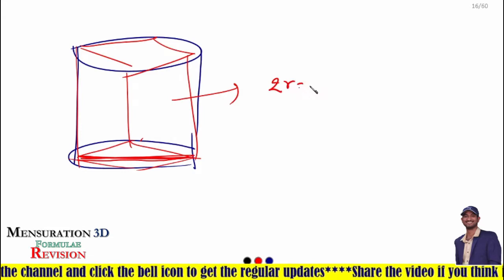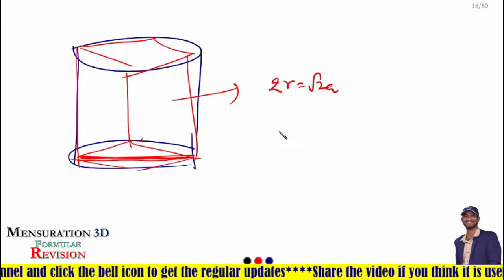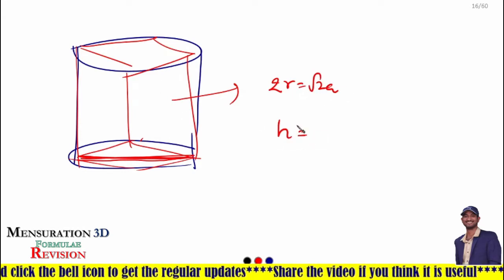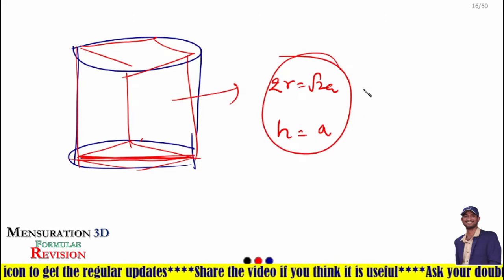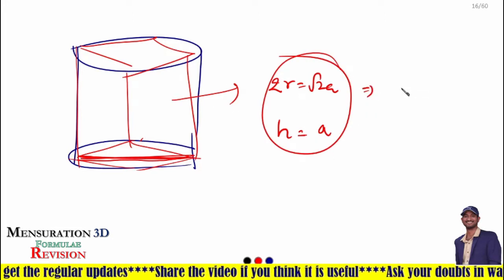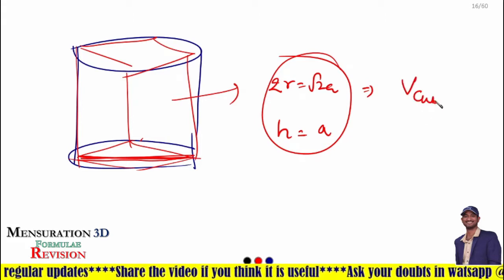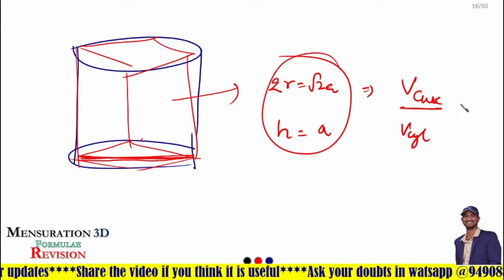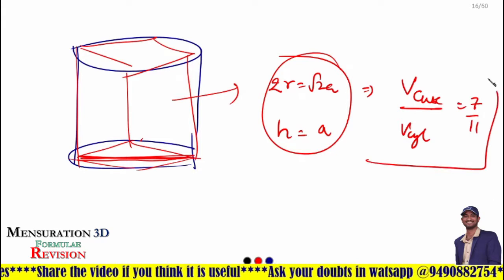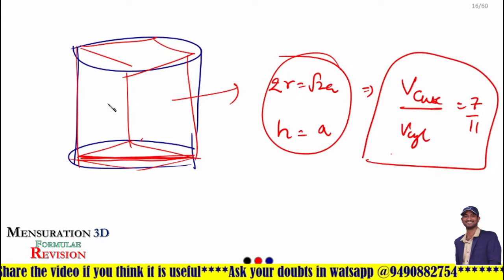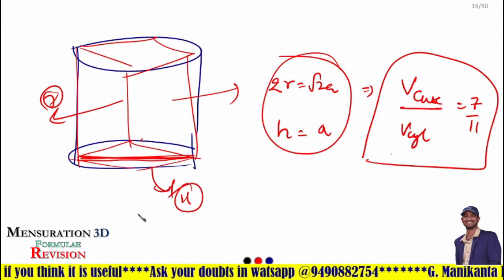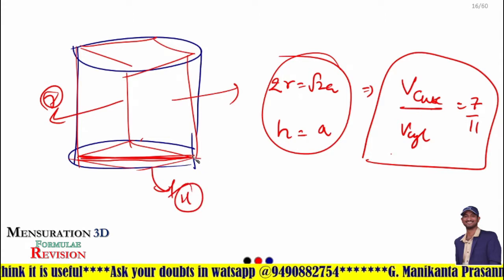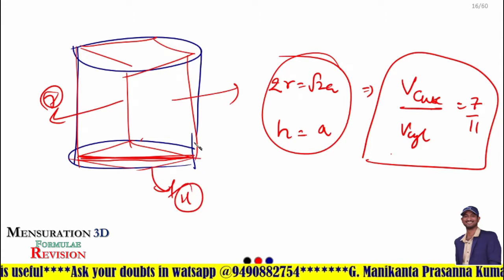So 2r equal to root 2 a, and the height of the cylinder and the edge length of the cube are both the same. From these dimensions we can decide the volume of the cube to the volume of the cylinder is 7 by 11. That means the cube represents 7 parts and the cylinder represents 11 parts. Is it clear?